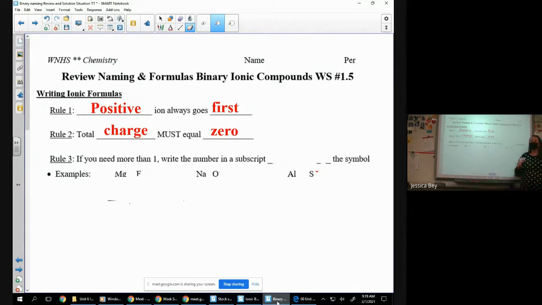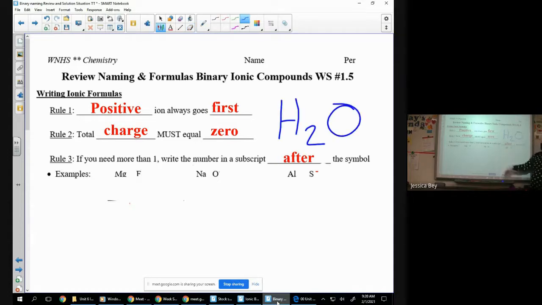And if you need more than one thing, you need to write a subscript after the element you're talking about. And you guys all know that because if I asked you the formula of water, you could tell me H2O, and you would tell me that 2 talked about the hydrogen, correct?